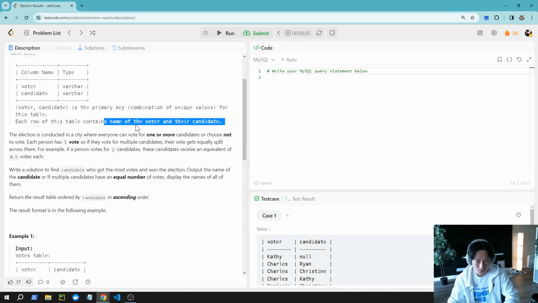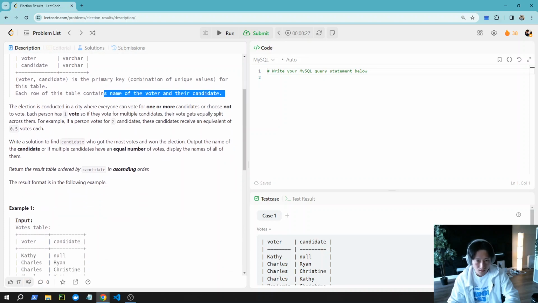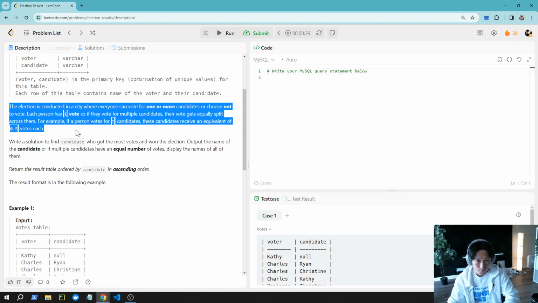Okay, looks quite simple. And the election is conducted in a city where everyone can vote for one or more candidates or choose not to vote. Each person has one vote, so if they vote for multiple candidates, their vote gets equally split across them.